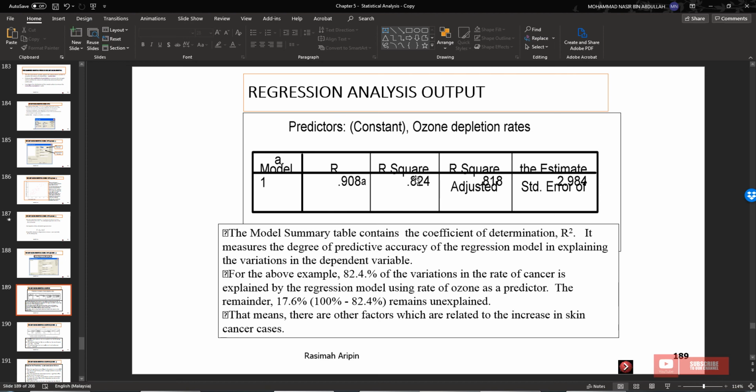It explains how many percent of variation in the dependent variable. So I hope you understand how to interpret the result. R means the correlation coefficient, and R squared means the coefficient of determination.